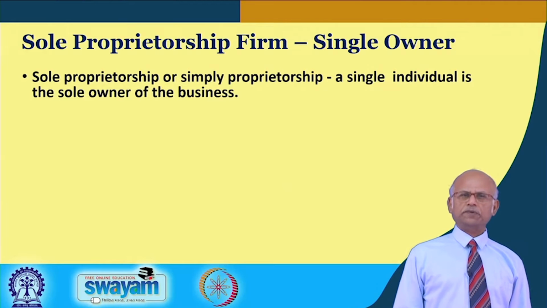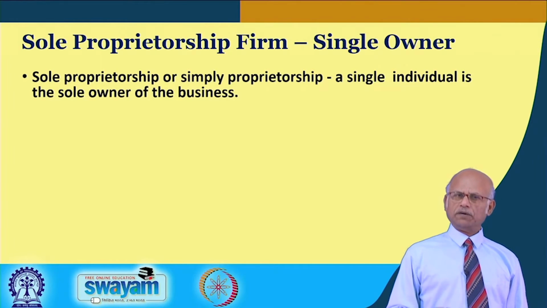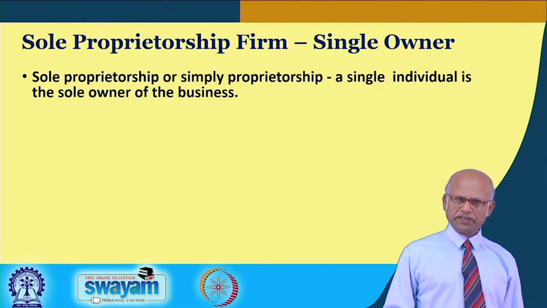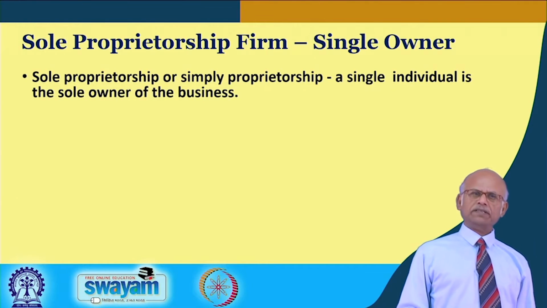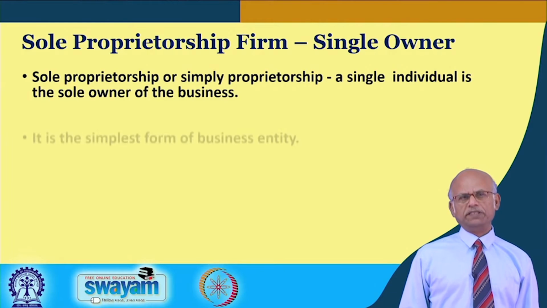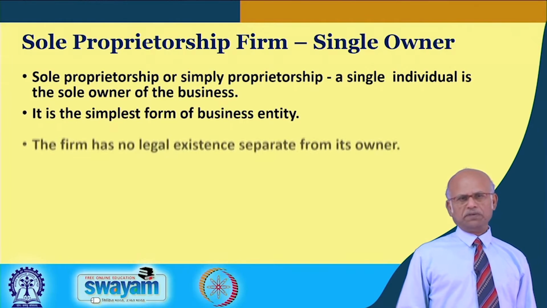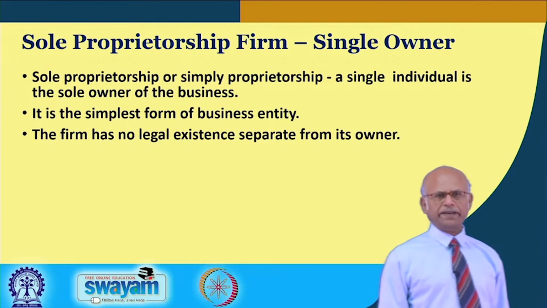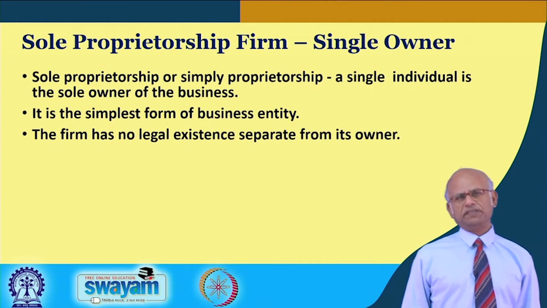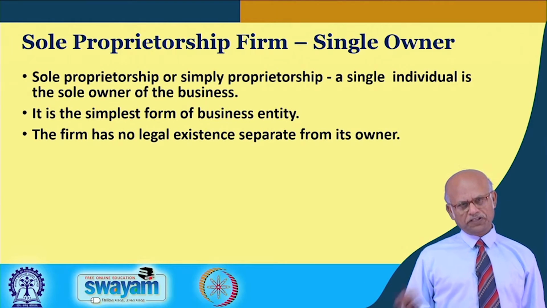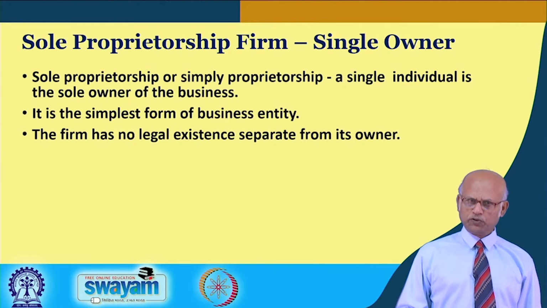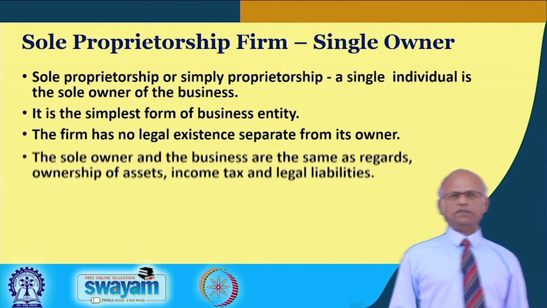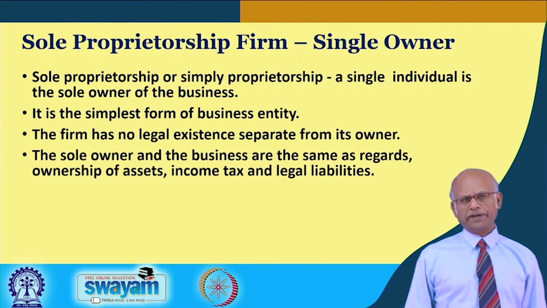Sole proprietorship is the simplest form of business ownership, wherein a single person is the owner of a business, and it's very easy to form. Its legal existence ceases on the death of the proprietor.